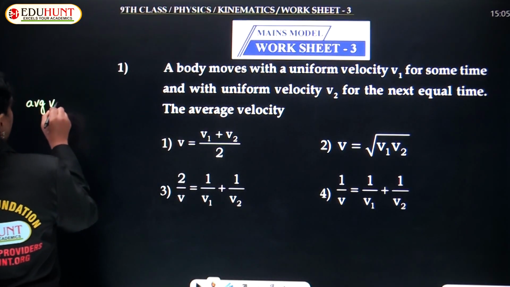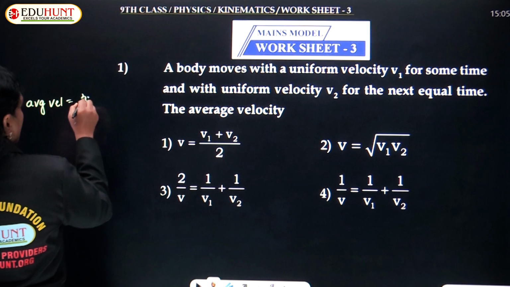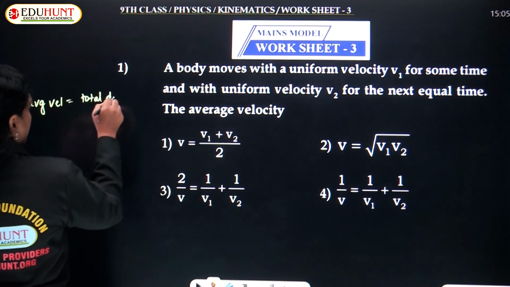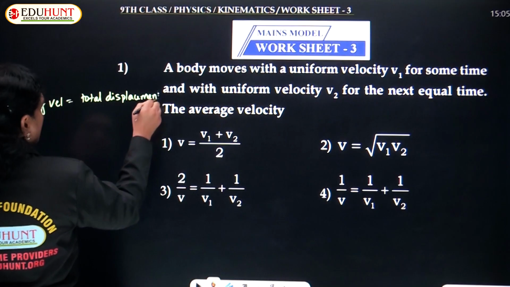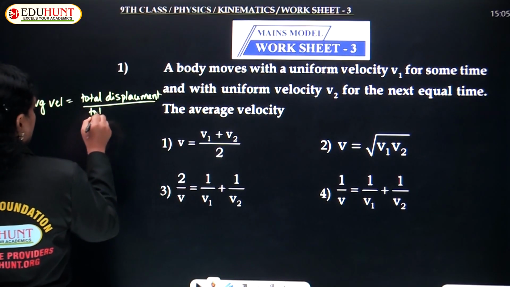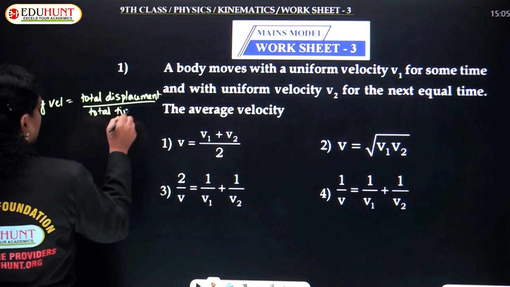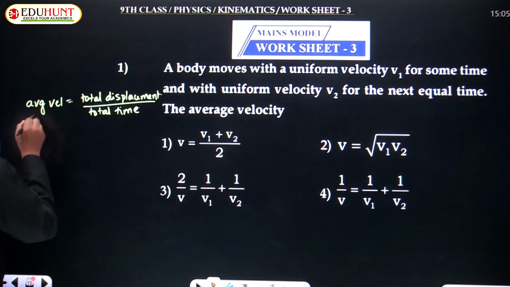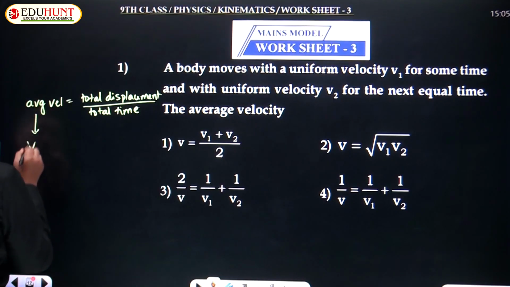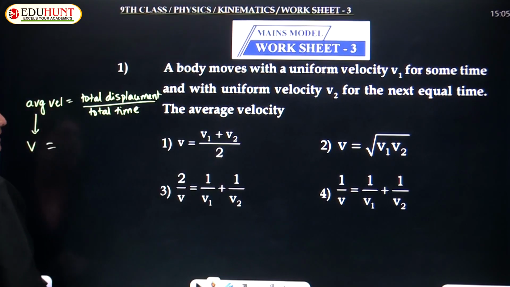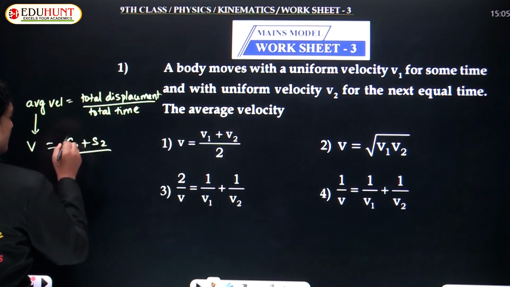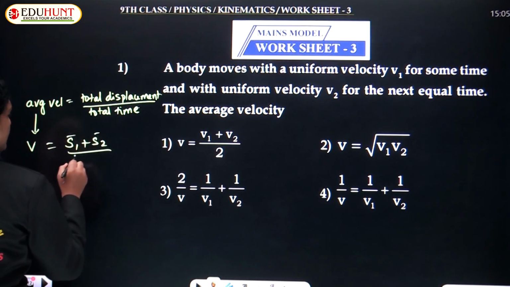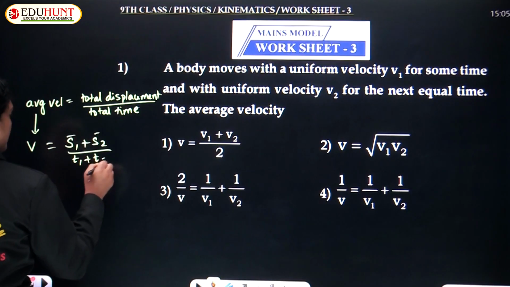Average velocity is given as total displacement to that of the total time. So, let us represent this average velocity as v equals total displacement, s1 and s2, over total time, t1 and t2.